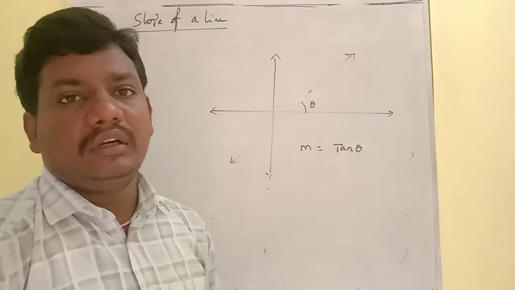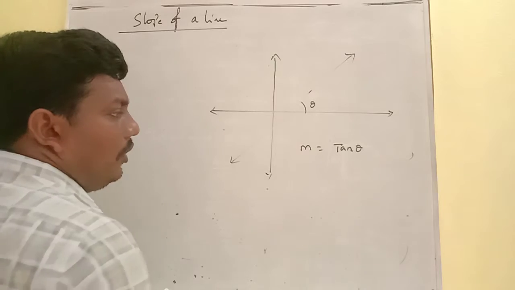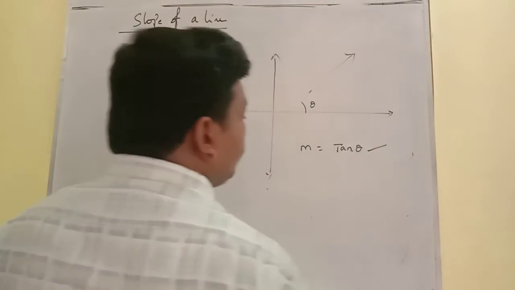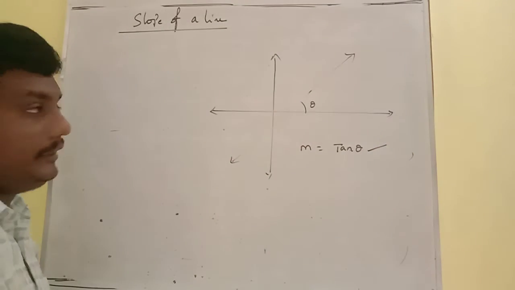This is also called the slope of a line.